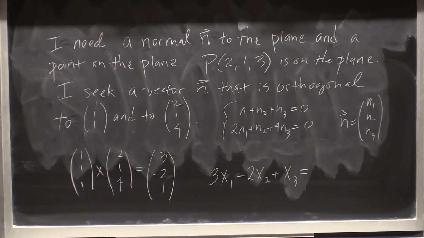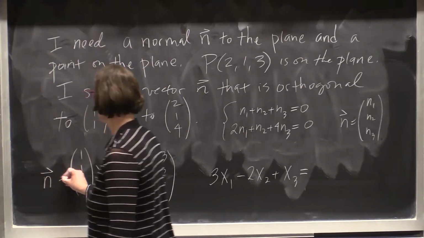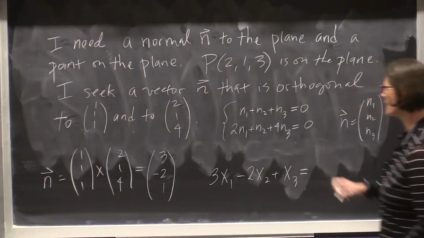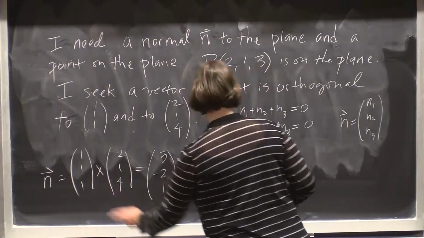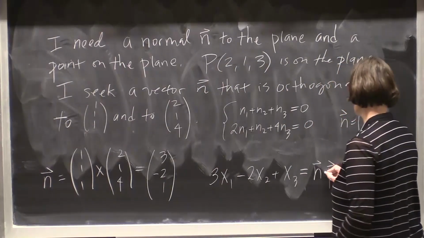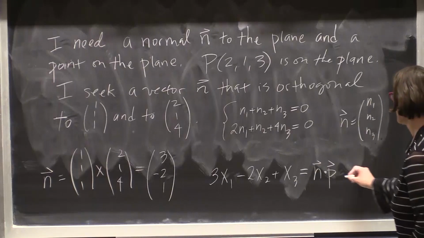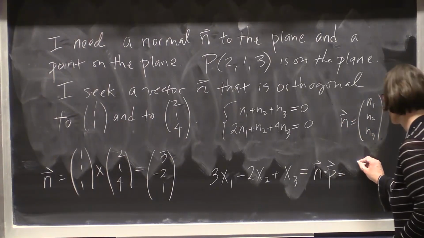So this is n. How do I get the right-hand side? I take the dot product of n with the point p, and so that is 6.